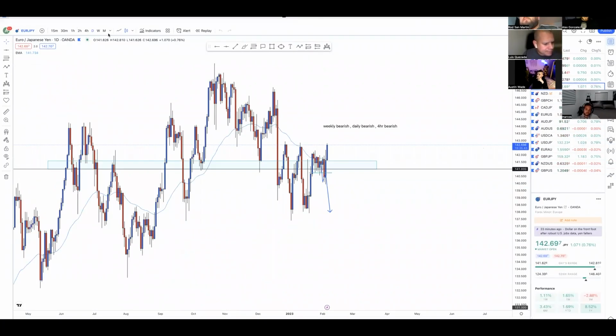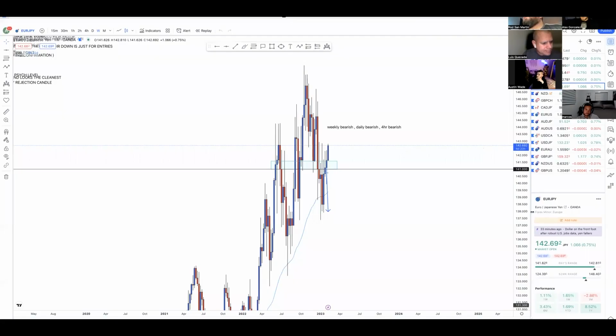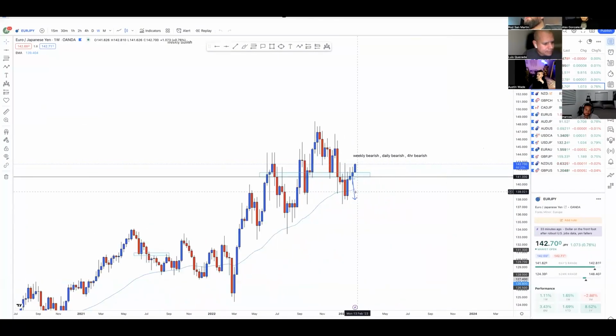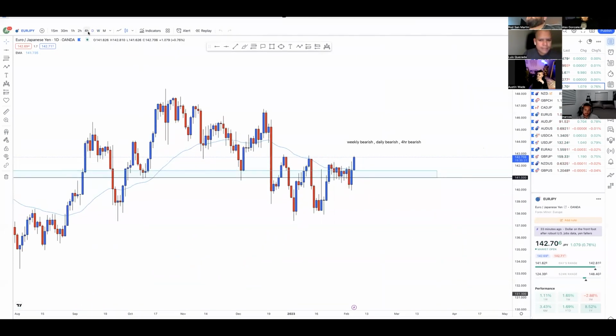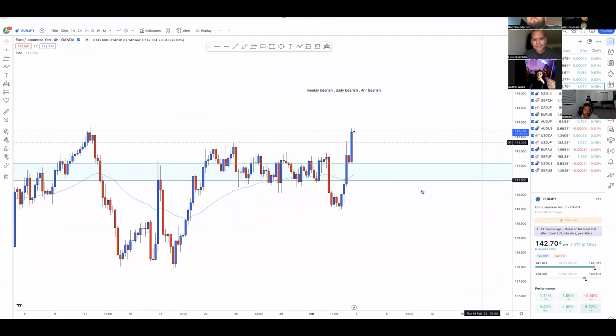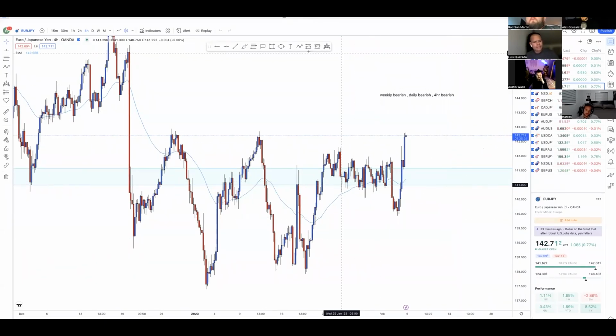Euro JPY. We are bearish. We were looking for sells last week, body closing under. If you guys noticed last week, we were waiting for the break under the structure point.